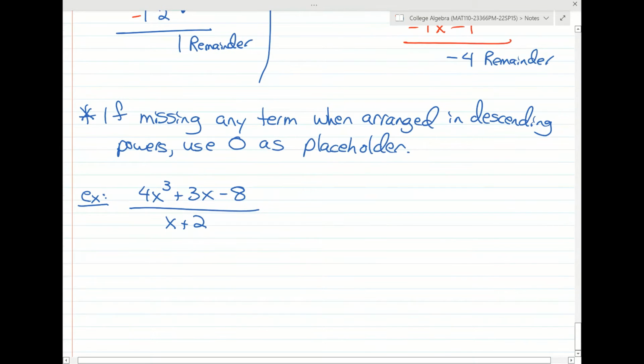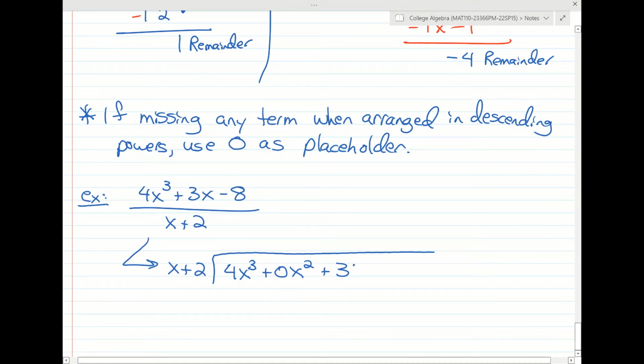Well, first thing we do is we set it up. We say x plus 2 divided into 4x to the third, but you see how there's no x squared term? You have to put 0x squared and then plus 3x minus 8.